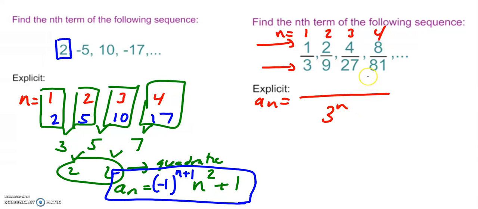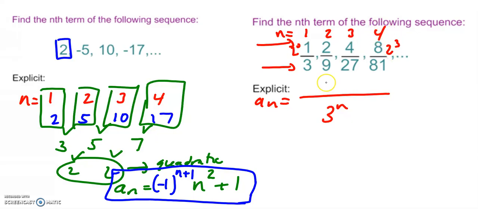In the numerator, because I'm thinking exponential here, maybe I'll think exponential here. So this looks like 2 to the first, 2 to the second, 2 to the third, and this looks like 2 to the 0th. The problem is, it looks like 2 to the 0th is 1 less than the exponent that I have, and 2 to the third is 1 less than the exponent that I have.